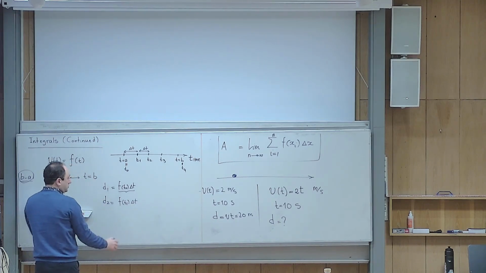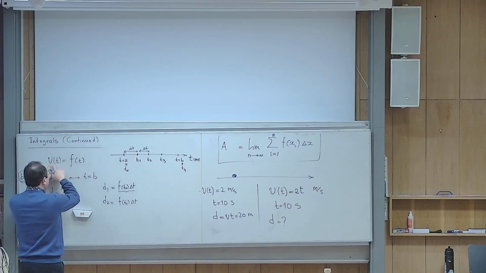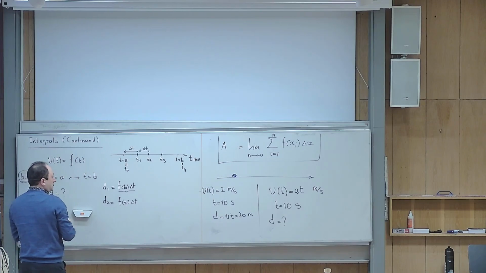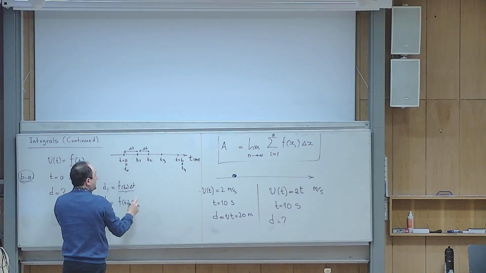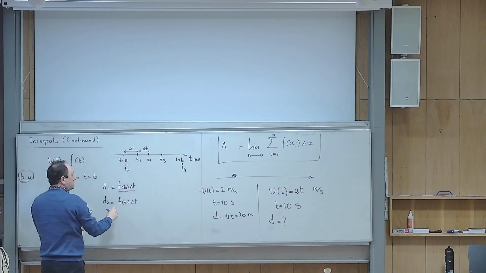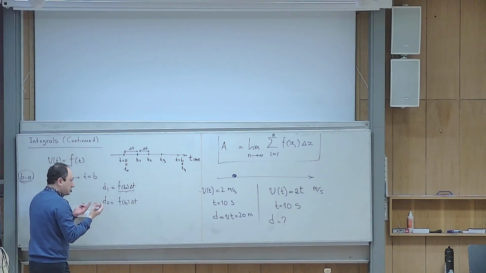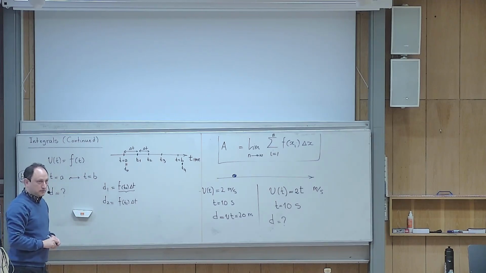If I ask you what is this quantity, you will tell me that when my particle reaches here, at this moment of time, the speed is f of t1, and I multiply it by the time interval, it gives me the distance traveled by my particle on this interval if the speed of the particle all the time is equal to the speed at initial time t1, which of course is not the real case, but this is an approximation to the real case.